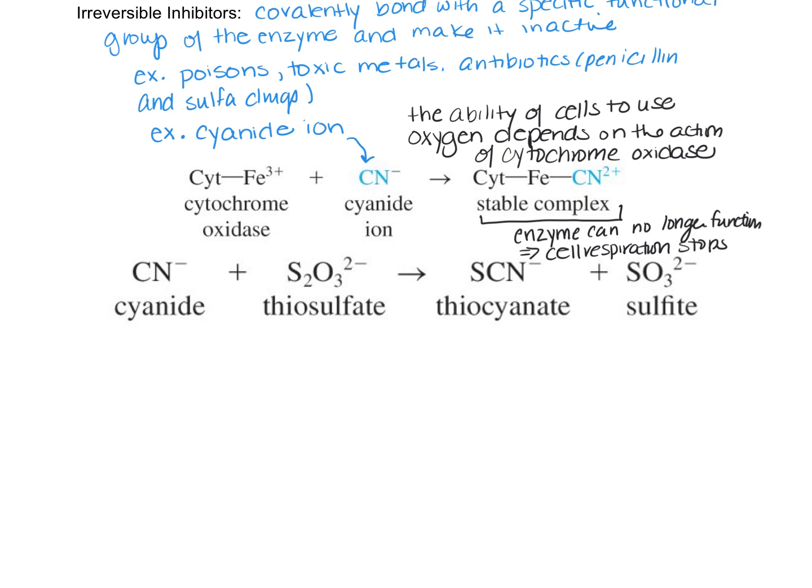Now, an antidote for cyanide poisoning needs to be administered really quickly, and one antidote is sodium thiosulfate. Now, when we look at this, what happens is when you have thiosulfate, instead of reacting with cytochrome oxidase, the cyanide ion will react with the thiosulfate and form thiocyanate, and that does not bind to cytochrome oxidase.